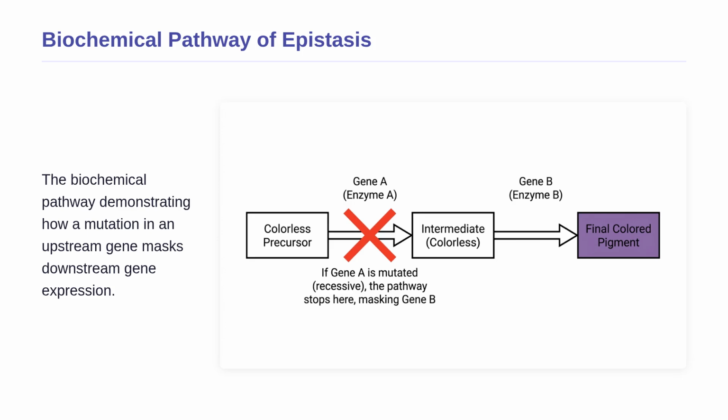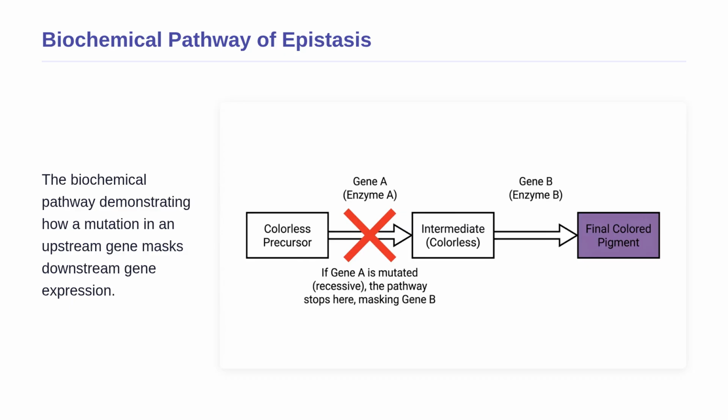To truly understand why these ratios change, we must look inside the cell at the biochemical level. Here we see a diagram of a biochemical pathway. It starts with a colorless precursor on the left. Gene A produces an enzyme that converts this into a colorless intermediate.